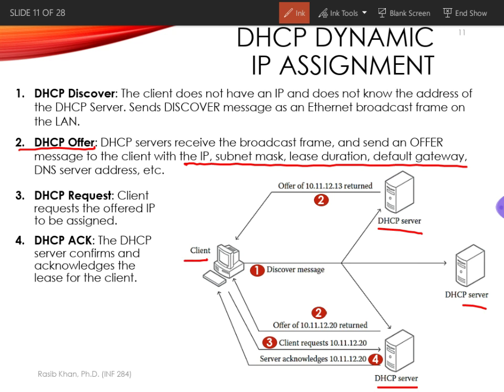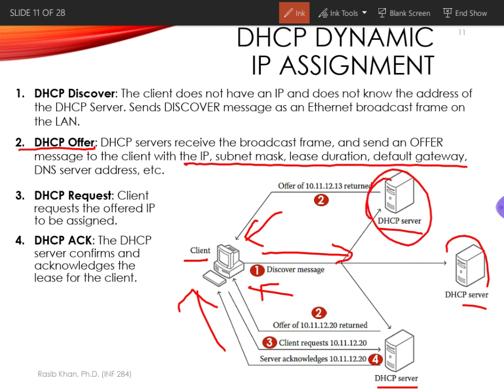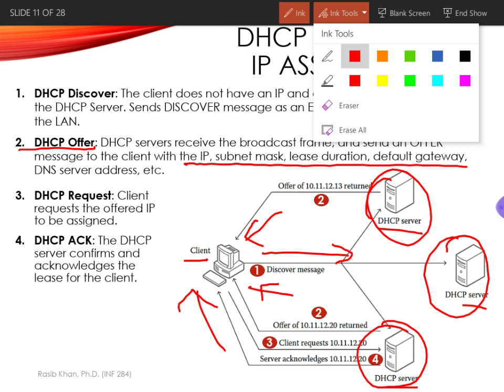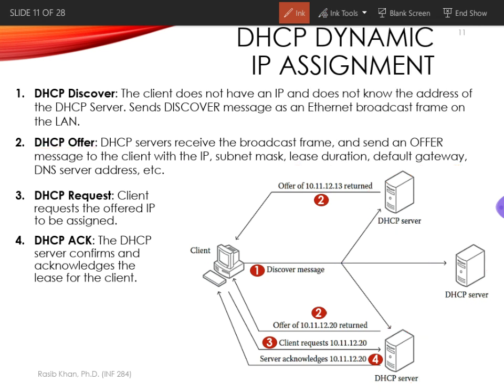So now the client has initially broadcasted the DHCP discover message, and then it received multiple offers from all possible servers located in that network. Now it is the task of the client to choose one of these offers.